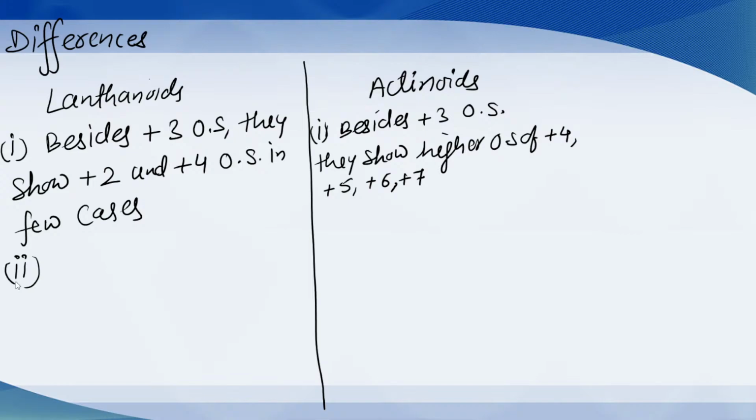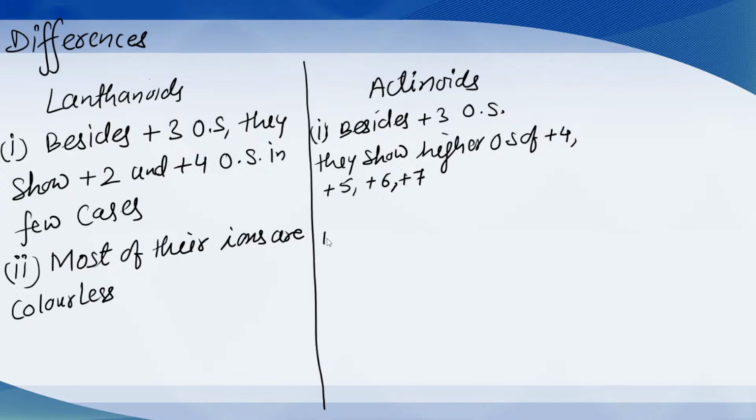Second, in lanthanoids, most of their ions are colorless. But in actinoids, most of their ions are colored.